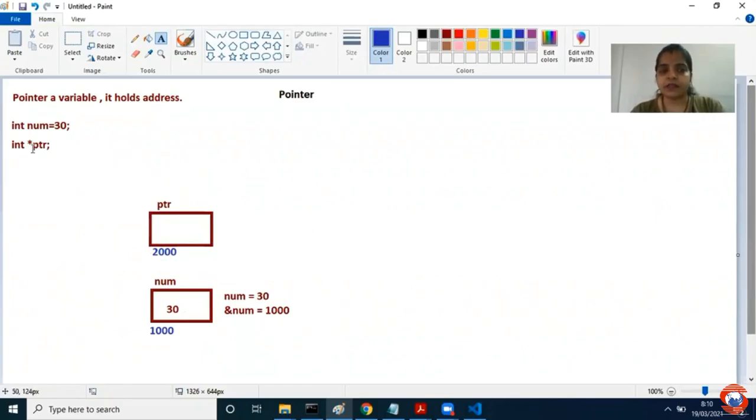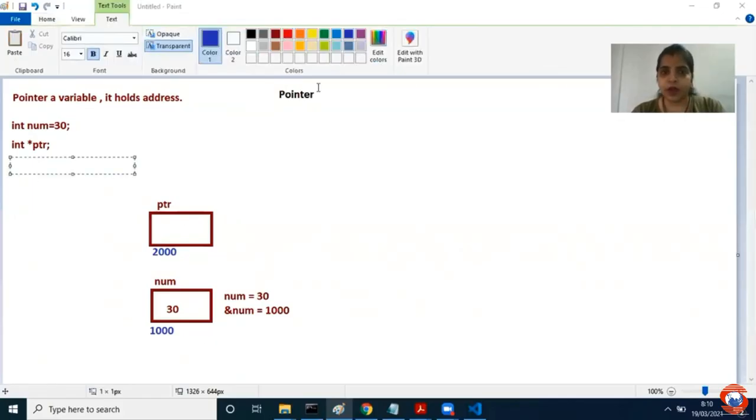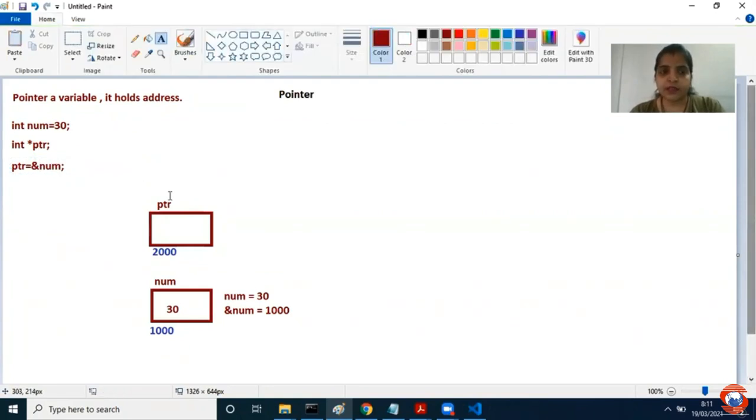Now, have I assigned any value to the ptr variable? No. If I have not assigned, I have to initialize the pointer. So how do we initialize a pointer? I am intimating my compiler, whatever my pointer is, store the address of num in it. The reason is I cannot say a pointer can hold a value directly.